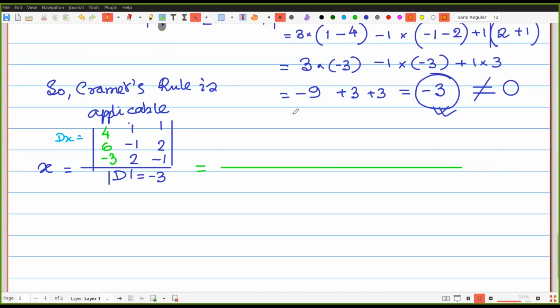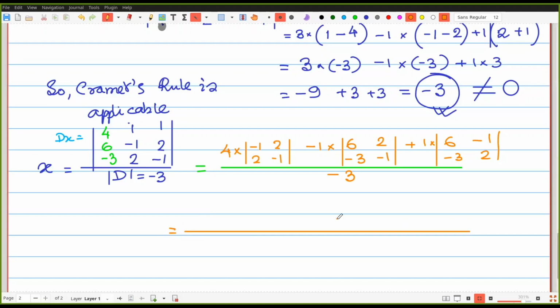Okay. So that one 4 into minus 1, 2, 2 minus 1, minus 1 into 6 2 minus 3 minus 1, plus 1 into 6 minus 1 minus 3 2, upon minus 3, which already we found the value of the coefficient determinant.